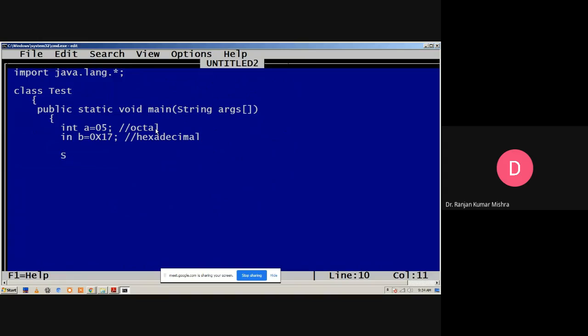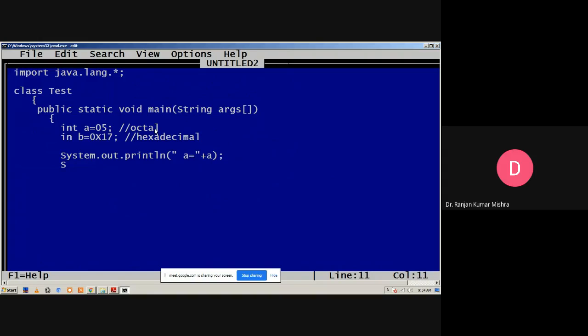Suppose we display both of the values by using System.out.println. We know that this is the statement that will be used to display any comment. Suppose we have to display the value of a: "a equal to" plus a. The plus is the concatenation operator.